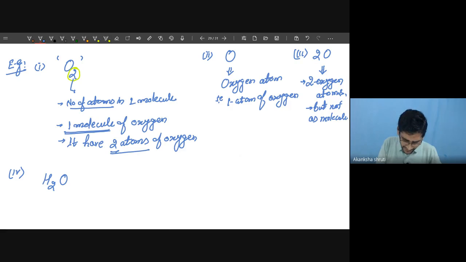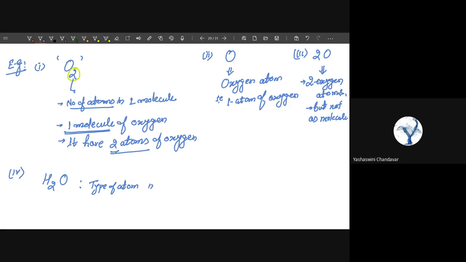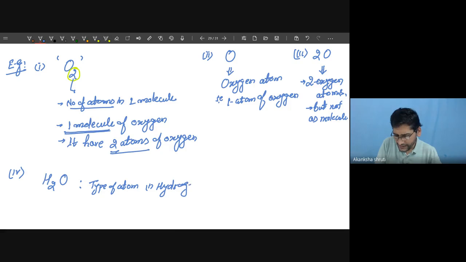So students, what are the different types of atoms here? One is hydrogen and the other is oxygen. Very good. So one is hydrogen, denoted in symbol form as H, and the second one is oxygen, denoted as O. Okay, students. So this is the first piece of information that we get from this.